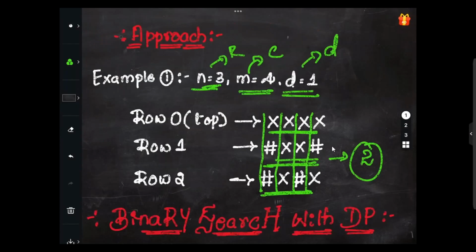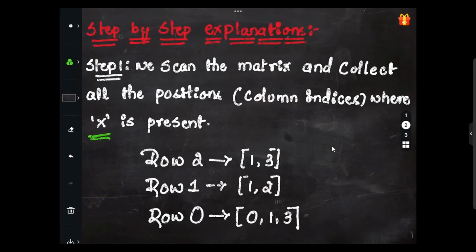Where all is x present here? See, 0, 1, 0, 2, 0, 3, 0, 4, then 1, 0, 1, 1, 1, 2, then 2, 1 and 2, 3. So within the columns here we have 1, 3, 1, 2, and 0, 1, 3. These are the things that we will consider basically.